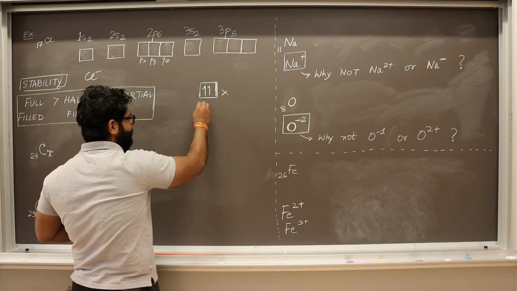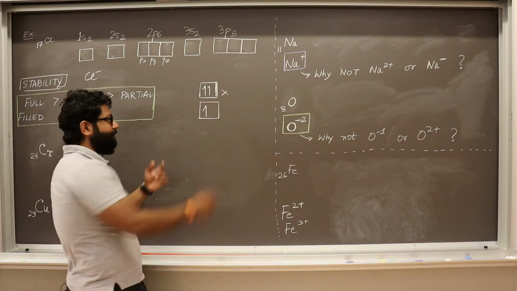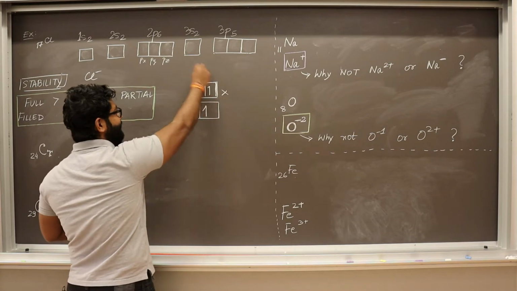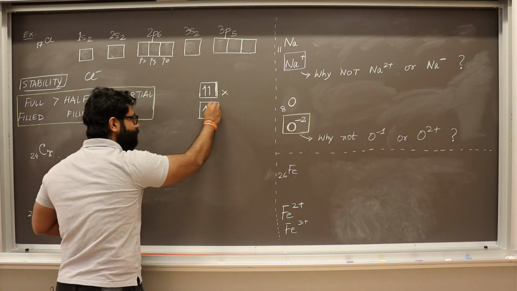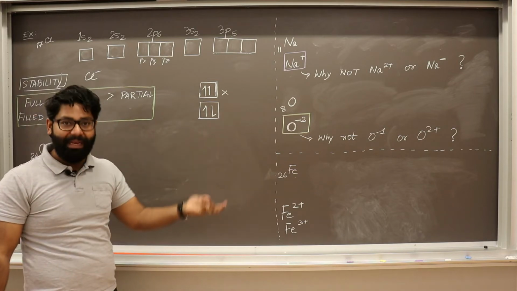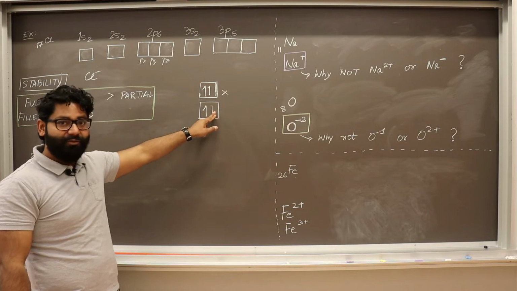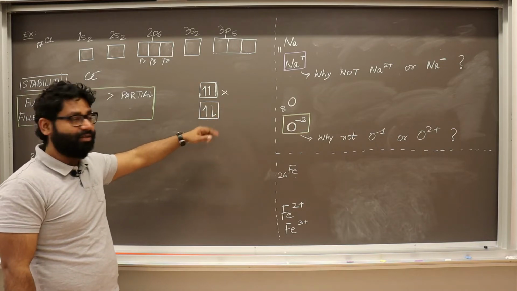This is not possible. So if you have an electron filling above, like up, in a single room, you can only have an electron which has a different spin. So this is a different spin electron, and this is a different type of electron with a different spin.